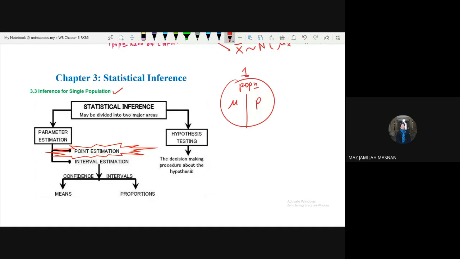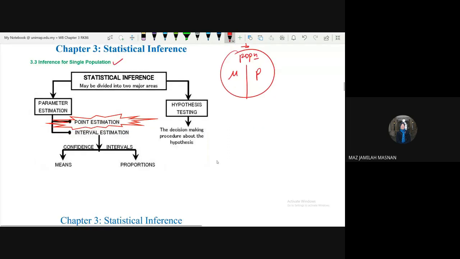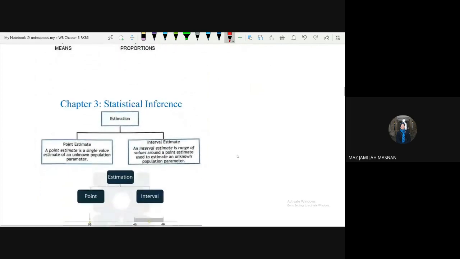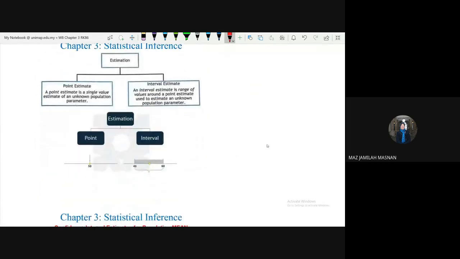Before we begin with interval estimation, let us look at point estimation. What is point estimation? A point estimate is a single value estimate of an unknown population parameter. If, let's say, you are talking about weight, then it is the unknown population weight.